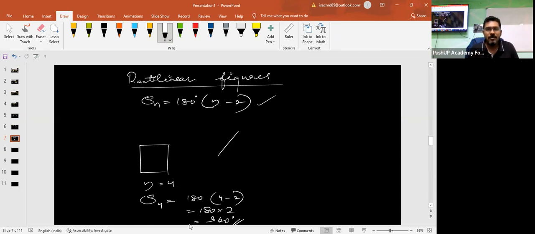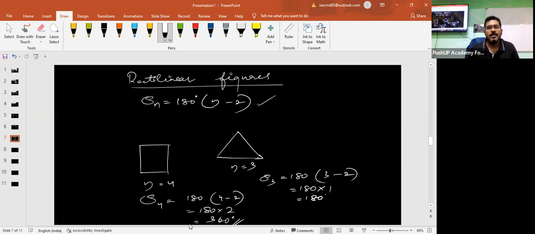Now, what if it was a triangle? How would you find the sum of all the 3 angles? n is equal to 3 because you know it has got 3 angles. So the sum of the 3 angles would be 180 into n minus 2. That is 3 minus 2, which is 180 into 1, which is equal to 180 degree. We know that.